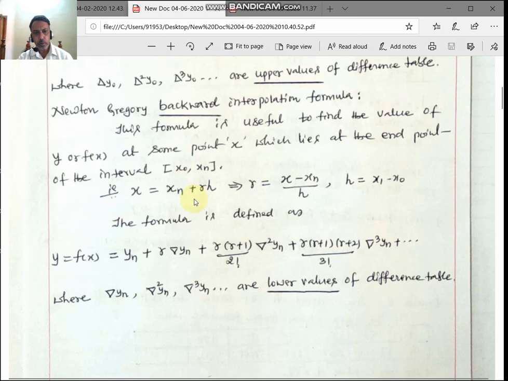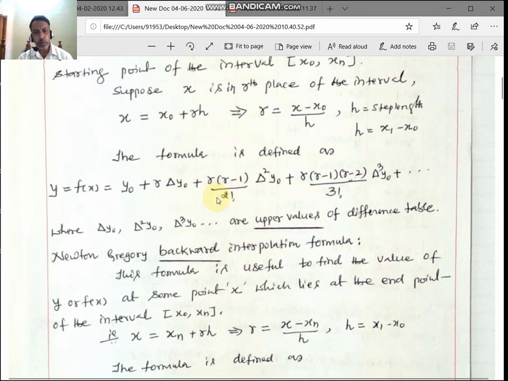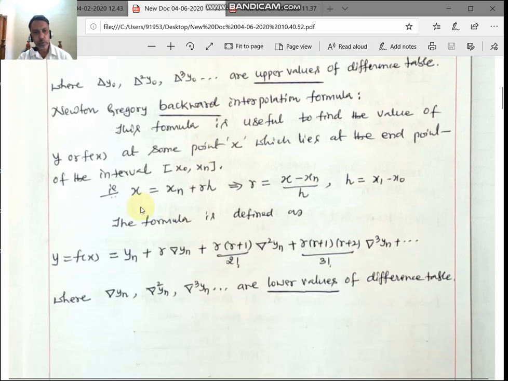And here we need to find the r value using the general x is equal to xn plus rh, whereas in the forward interpolation formula x was x0 plus rh. Now this x is xn plus rh. So therefore r is defined as x minus xn by h, where h is the step length, which can be obtained from the difference of two consecutive values of x.